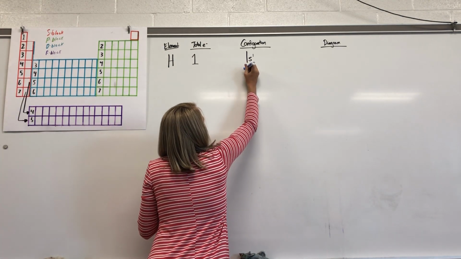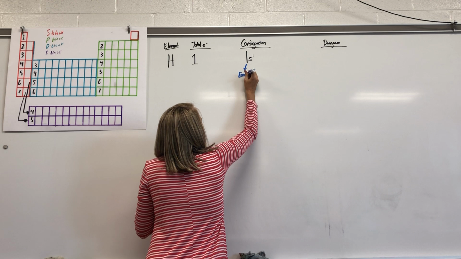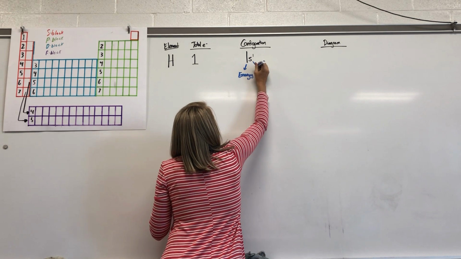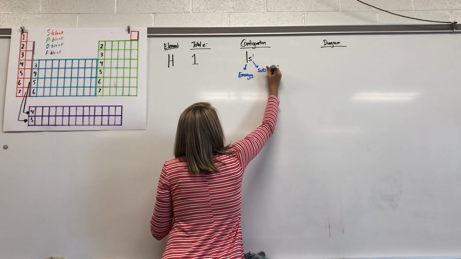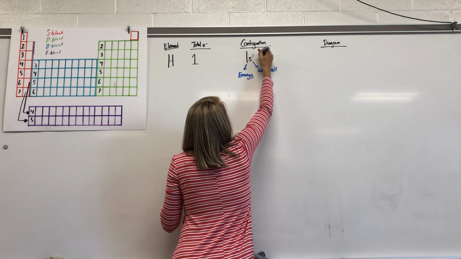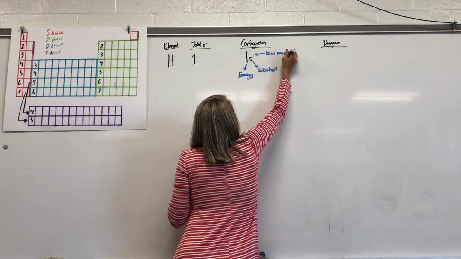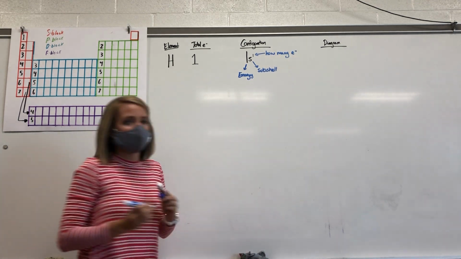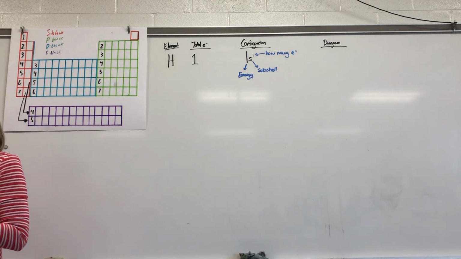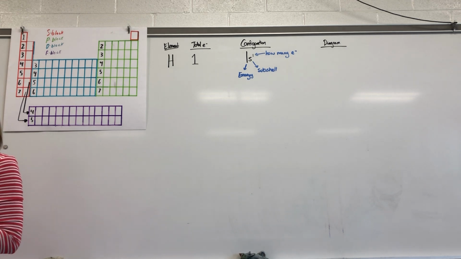How many electrons are in that room goes as a superscript up top. Okay, so this tells us the energy or the level. This tells us the sublevel. And this tells us how many electrons. Keep in mind, this is not a mathematical operation.